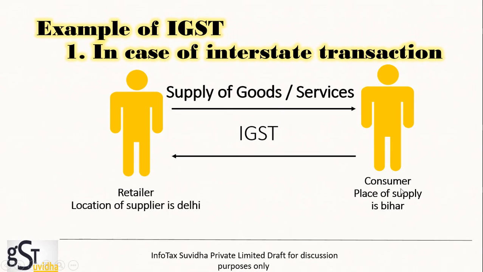So here we can see that location of supplier is different from place of supply. Therefore, IGST will be leviable. Retailer will collect IGST and it will pay IGST to central government. And further on, central government will give some percentage of IGST to the state where consumption has taken place, that is Bihar.